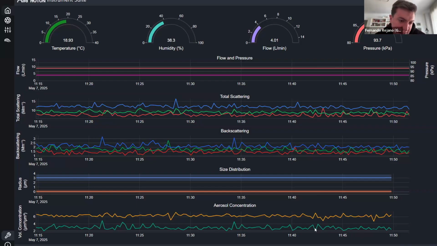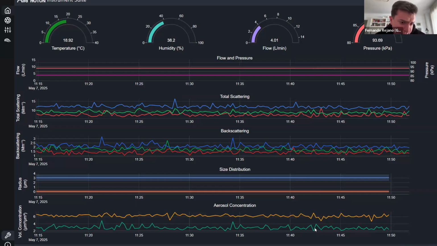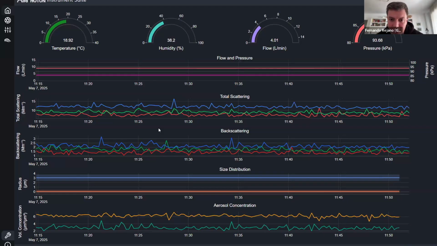When we are measuring with the nephelometer using only one cutoff, we don't have much sensitivity to retrieve much information about the aerosol size distribution.